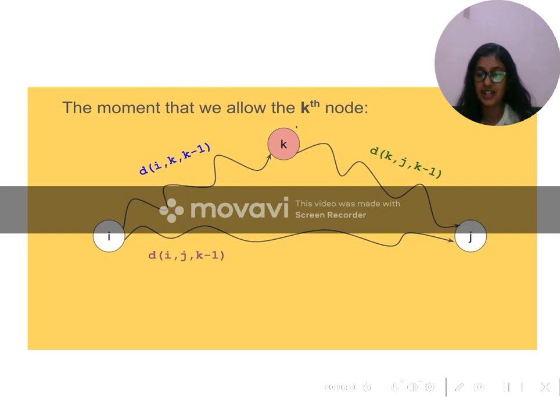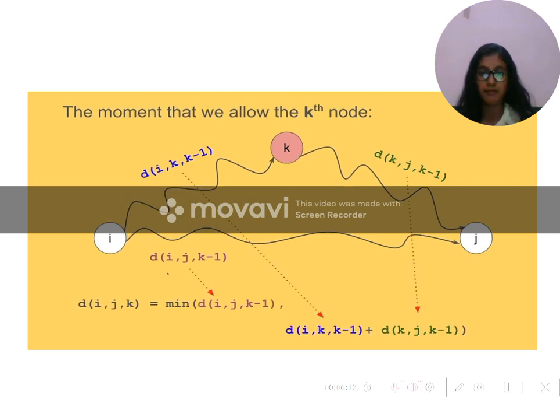I take the minimum of the direct path between i and j using k minus 1 nodes, and the path from i to k plus k to j, and I come up with this recursive value.